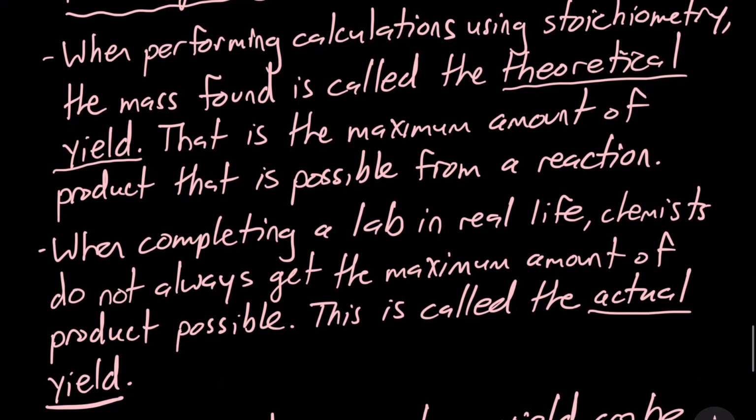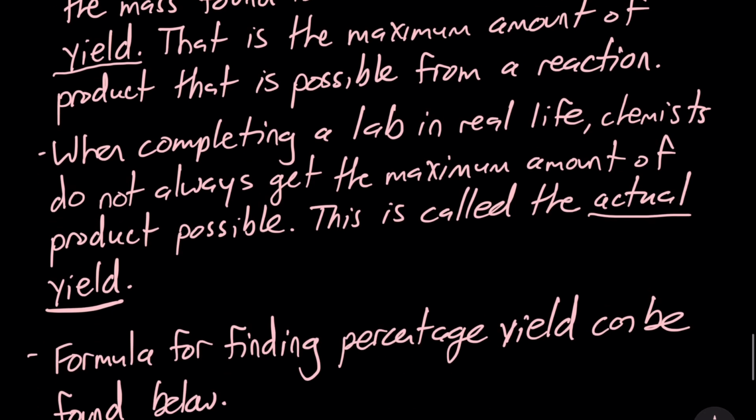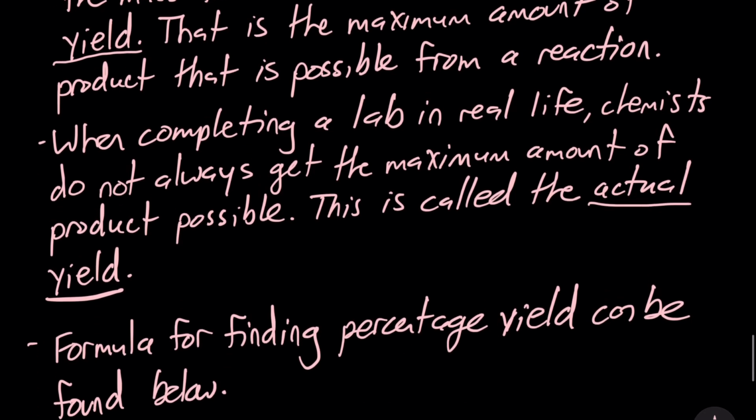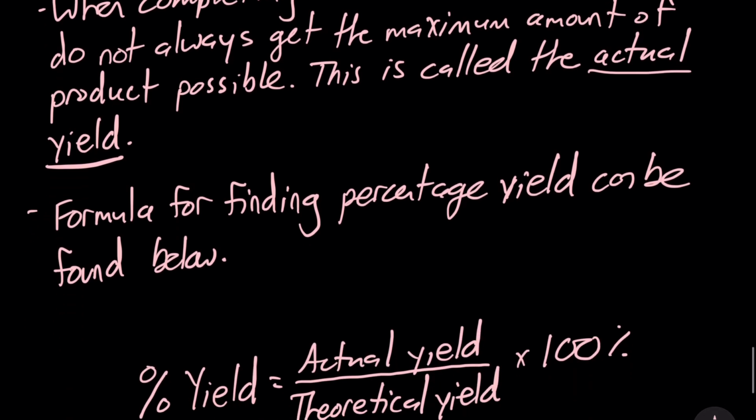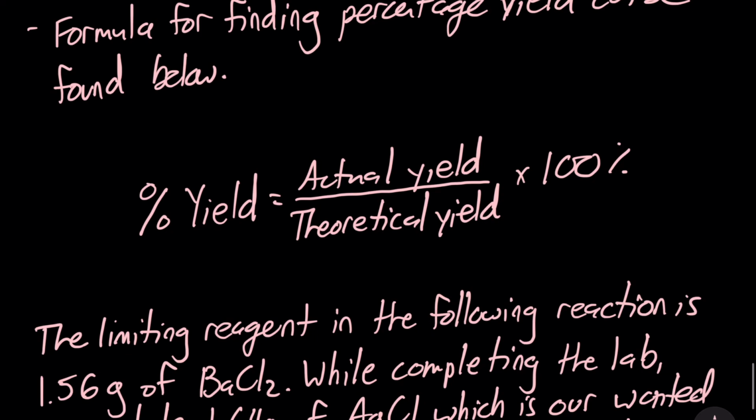Okay. So when completing a lab in real life, chemists or scientists or students, they don't always get the maximum amount of product possible. So this is called the actual yield. So theoretical is found using stoichiometry and calculations, while actual yield is found doing the lab or performing the lab in real life.